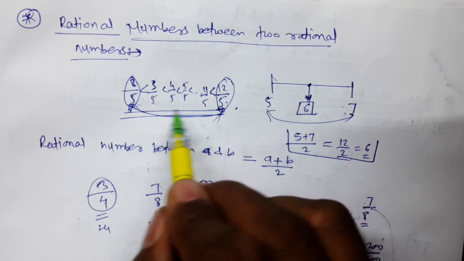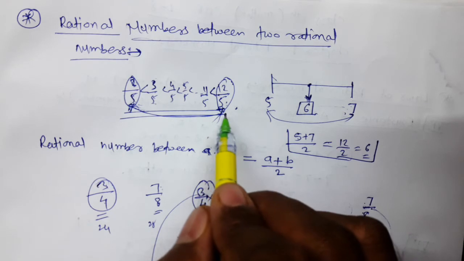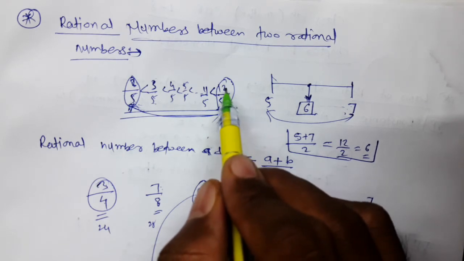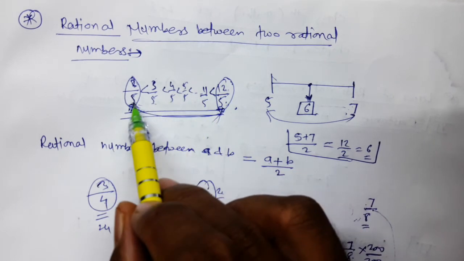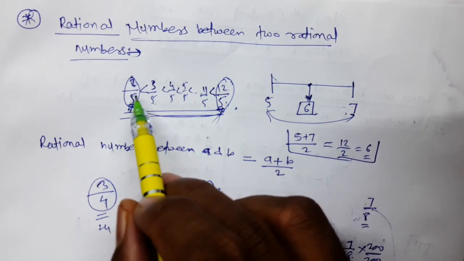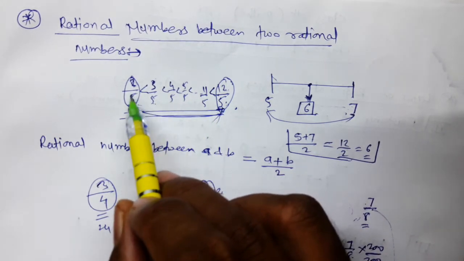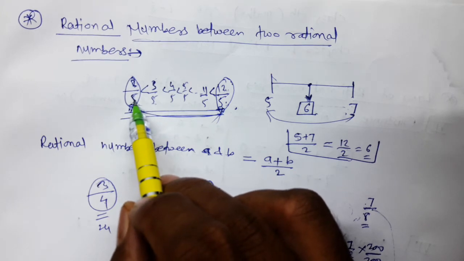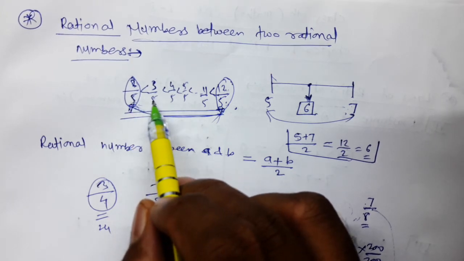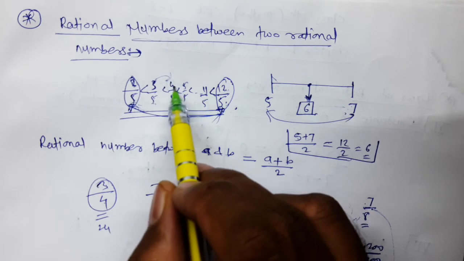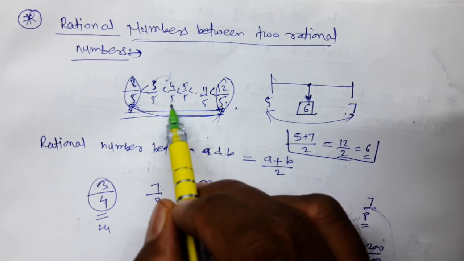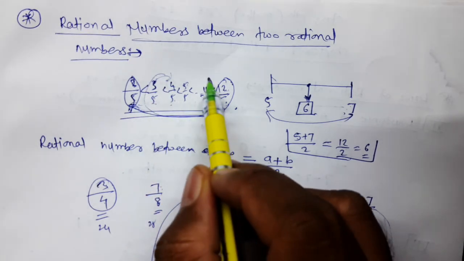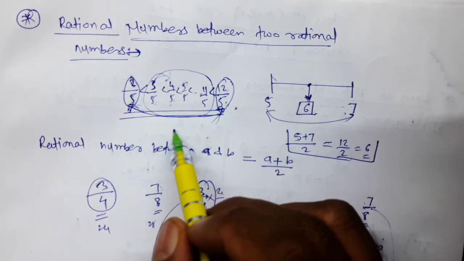So with equal denominators, 12 upon 5 is greater than 2 upon 5. The number greater than 2 by 5 is 3 upon 5. Greater than 3 by 5 is 4 upon 5. 5 upon 5 is greater than 4 upon 5. So these numbers are in increasing order.